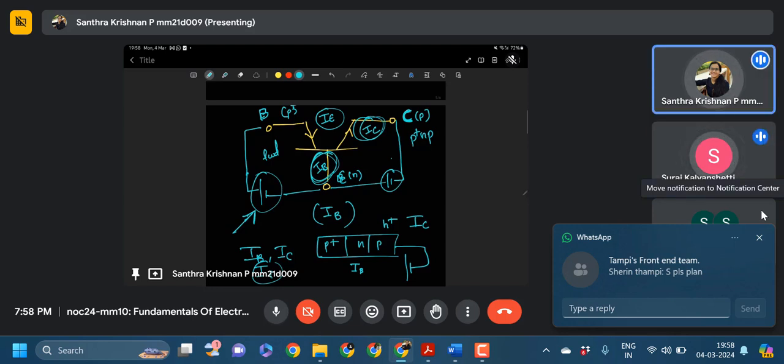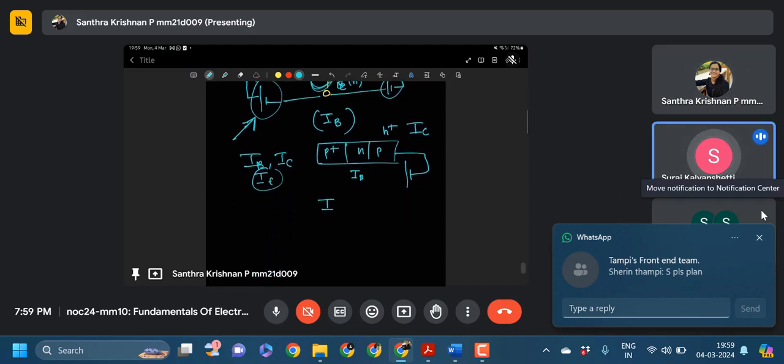In the common emitter configuration, the emitter-base junction will be forward biased, the base current will be the input current and the collector current is the output current.